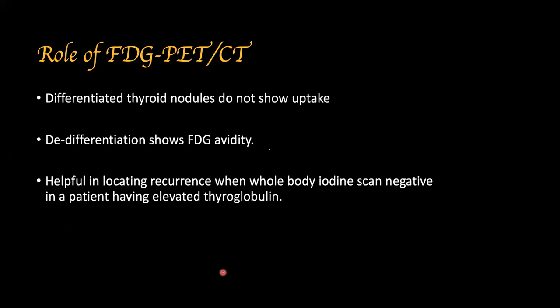So when there is dedifferentiation into a higher grade, only then is that nodule going to show FDG avidity. So it is helpful in locating recurrence when whole body I-131 scan is negative in a patient having elevated thyroglobulin. So even if you see large masses and FDG PET-CT has been performed and you're not seeing an uptake, don't consider that this is not going to be a metastasis, because differentiated thyroid cancers do not show uptake. They can still be metastasis.